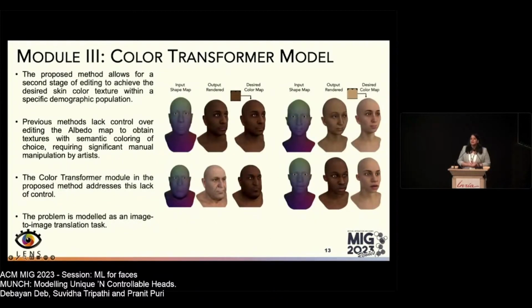Then the third is the color transformer module. This was the highlight of our approach. After generating the texture maps, we tried to change the color of each of these texture maps. The objective was not to transfer the identity of the source albedo, it was just to transfer the color component of the source albedo to the target albedo.